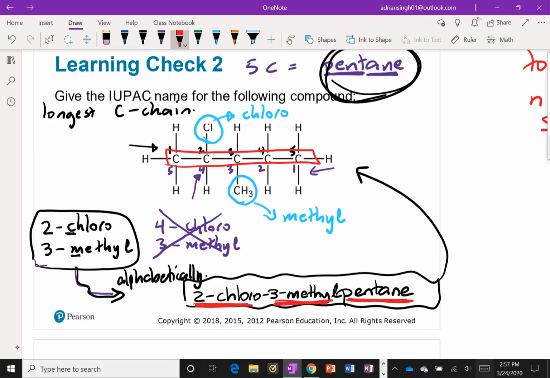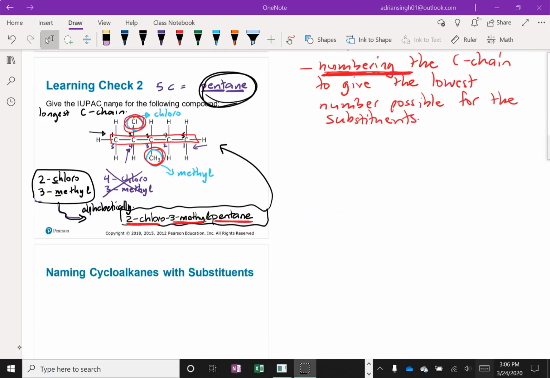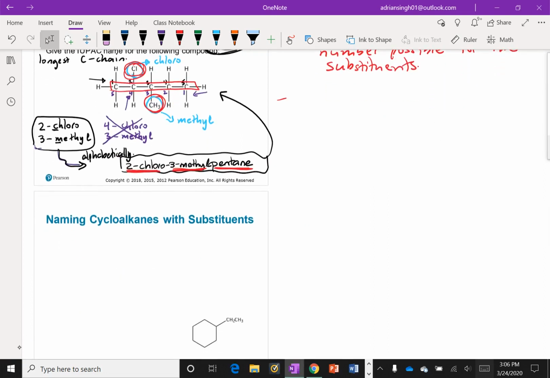All right, there's our longest carbon chain, 5. We have a chlorine on carbon 2, and we have a methyl on carbon 3 as we go from left to right. So one thing you can run into when it comes to having multiple substituents or branches hanging off of the chain is a situation where you have more than one of the same substituent.